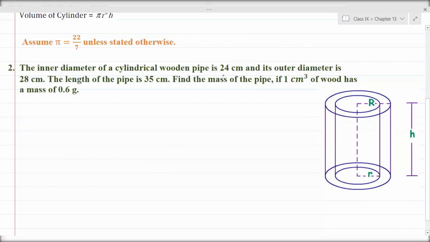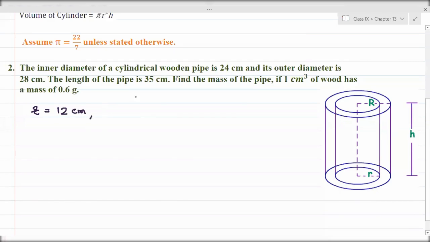We have been given the inner diameter and the outer diameter. You know that from the inner diameter, if I find the inner radius, it will become half of 24, so it will become 12 centimeter, and inner radius we will denote by small r.